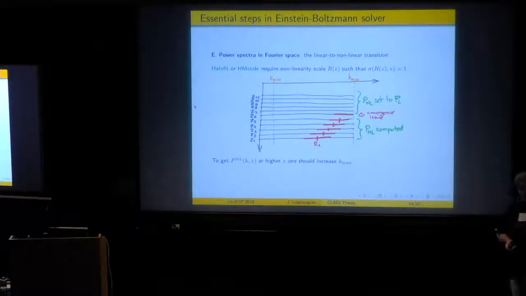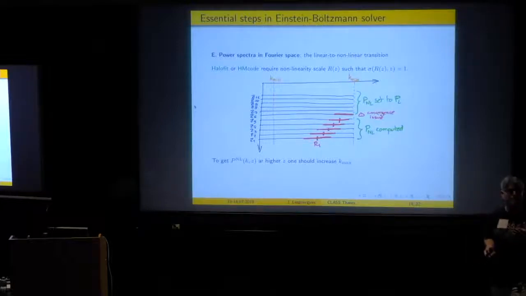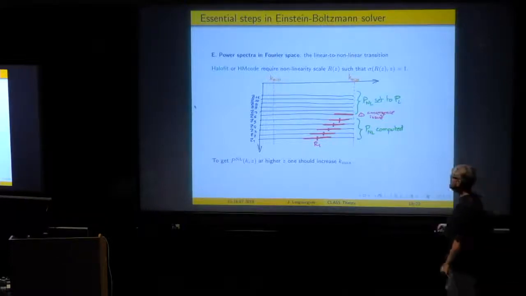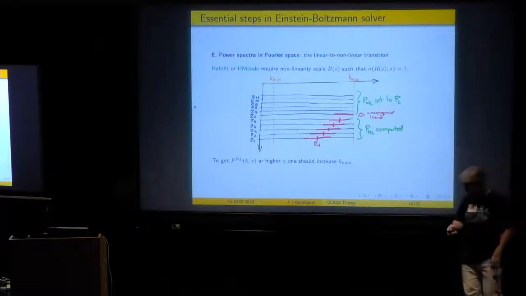In most cases, you will be happy with this because you want your nonlinear power spectrum only at small redshifts, say 1 to 2, and the code tells you that it could not converge above a redshift of 4, and you don't care. But if you care because you wanted a nonlinear power spectrum at higher redshift, you see what you should do. You should rerun CLASS asking for a larger k max. Then automatically this method will work at higher redshifts, and you will get your nonlinear power spectrum up to higher redshifts. So the logic is really simple.